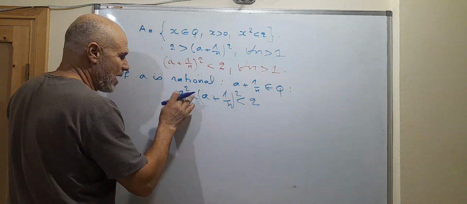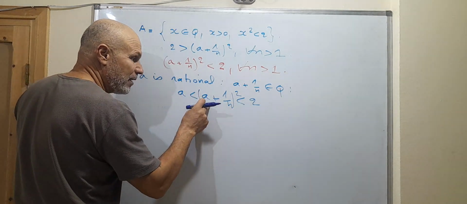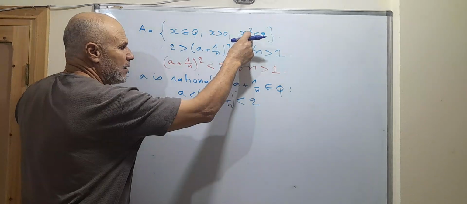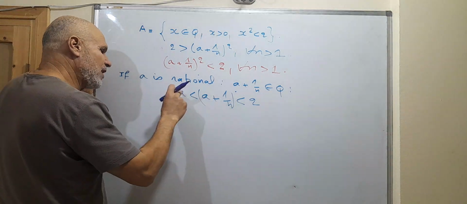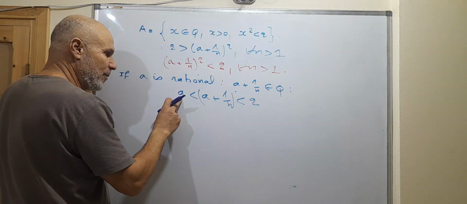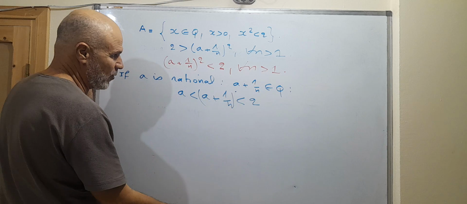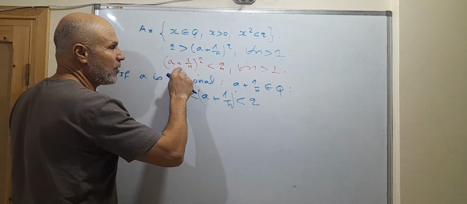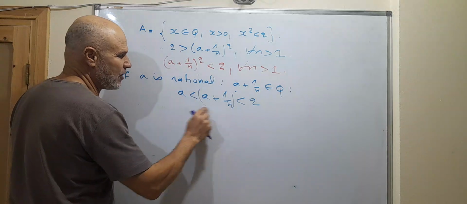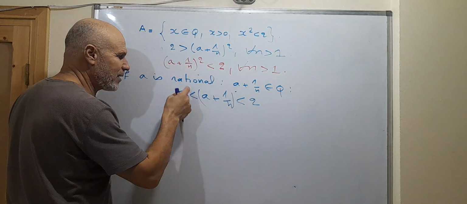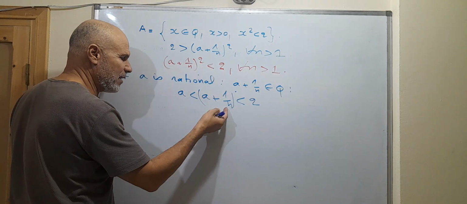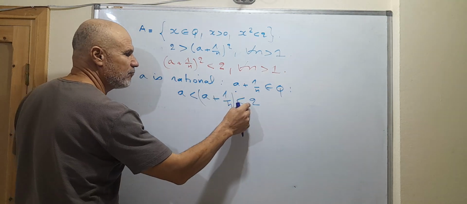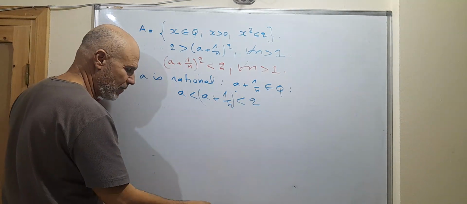This means that we have a rational number which verifies this inequality and is greater than the supremum. Contradiction, this is not possible. So if a is rational, this cannot be true, because we have a contradiction with the supremum character of a. We have a rational which is greater than the supremum, so we have a problem.